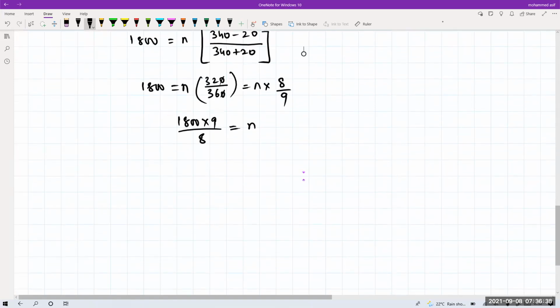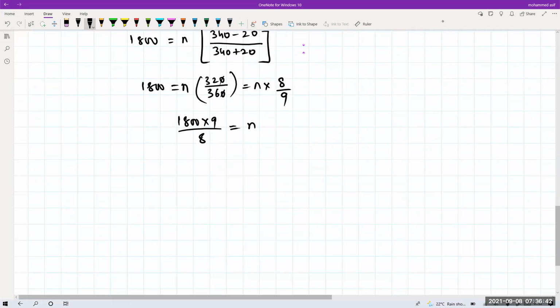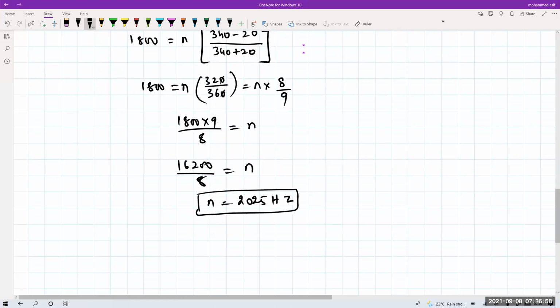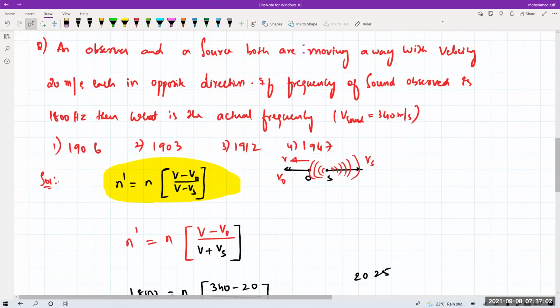So 18 nines is how much? 16,200. 16,200 divided by 8, that is coming out to N equal to 2025 hertz. So 2025 hertz, and the nearby answer I can write is nothing but 1947.